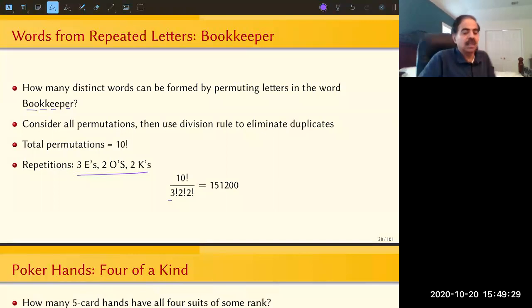So we need to eliminate the duplicates: 3 factorial for the rearrangement of the E's, 2 factorial for the rearrangement of K's, and 2 factorial for the rearrangement of O's. We divide by that, and then we'll get the final number, right? I always calculate the final number, but that's not important in the end.